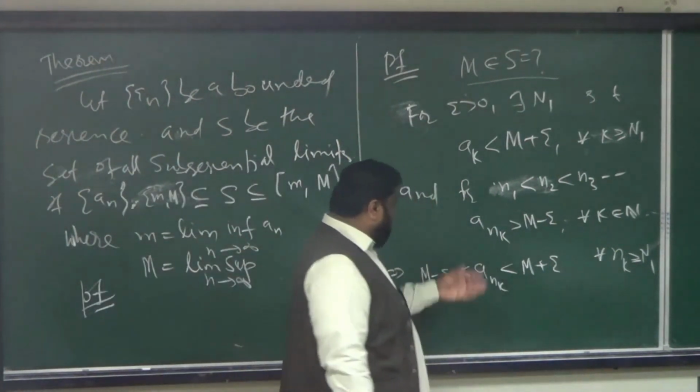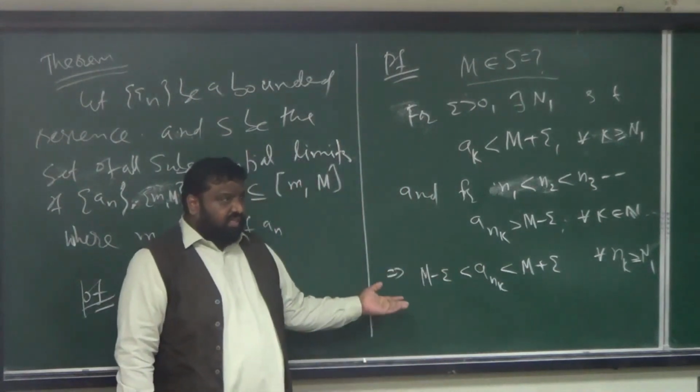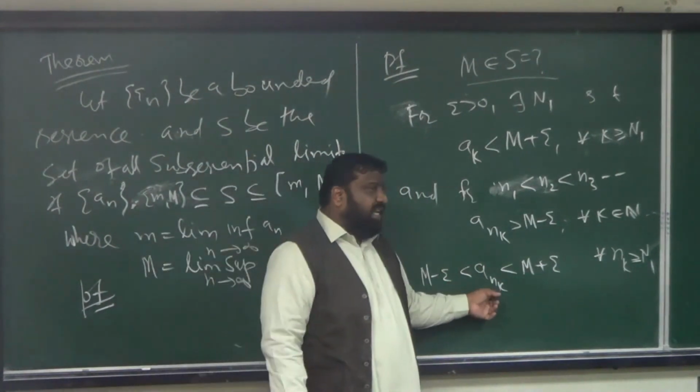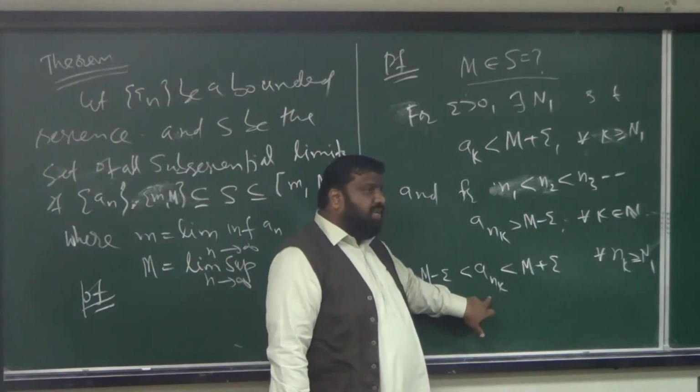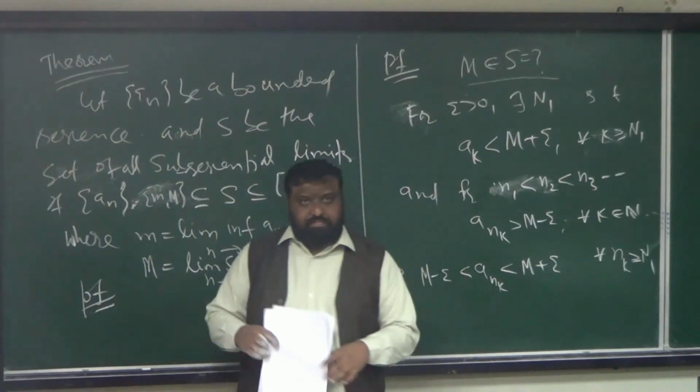And that's what you wanted: that a_{n_k} minus M is between minus epsilon and plus epsilon. So here the subsequence will converge.